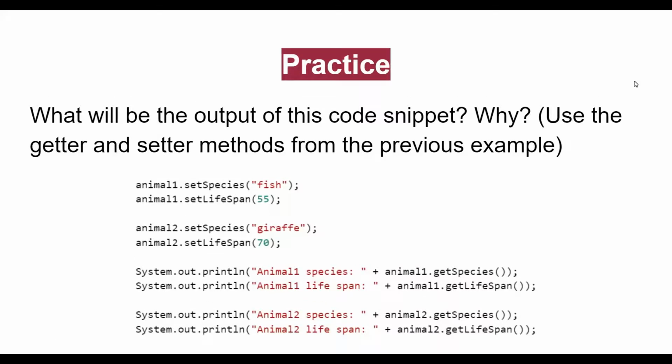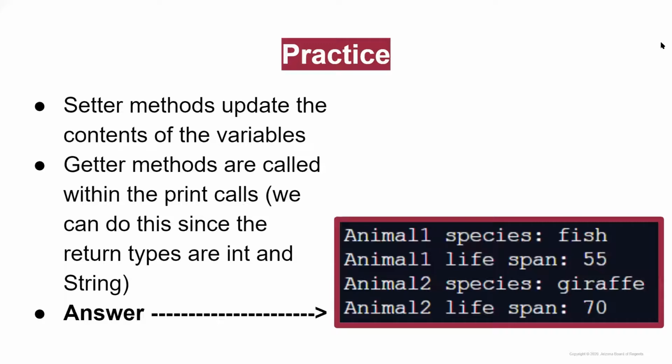All right, hopefully you've had a bit of time to think about what the output of this is going to be. So I'll go over it. Remember that the setter methods update the contents of the variables, while the getter methods return the contents of the variables.